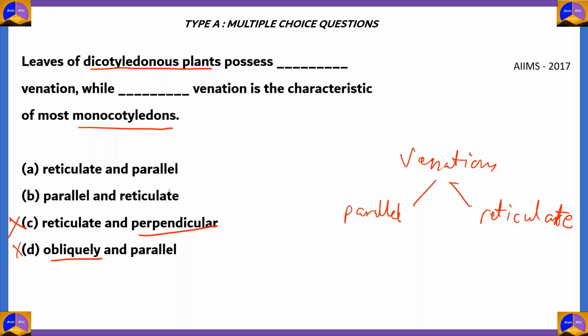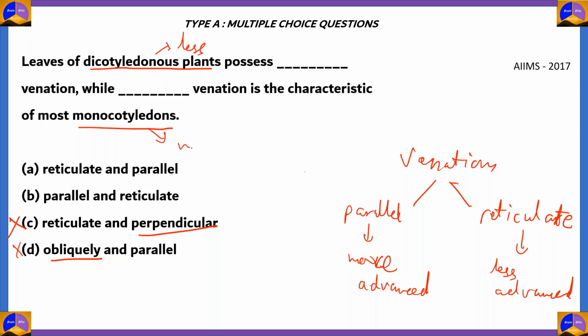Now, how do you choose between options A and B? Now, to do that, we must keep in mind that reticulate is less advanced and parallel is more advanced. And if you look at the 2 types of angiosperms here, dicots are less advanced while monocots are more advanced.